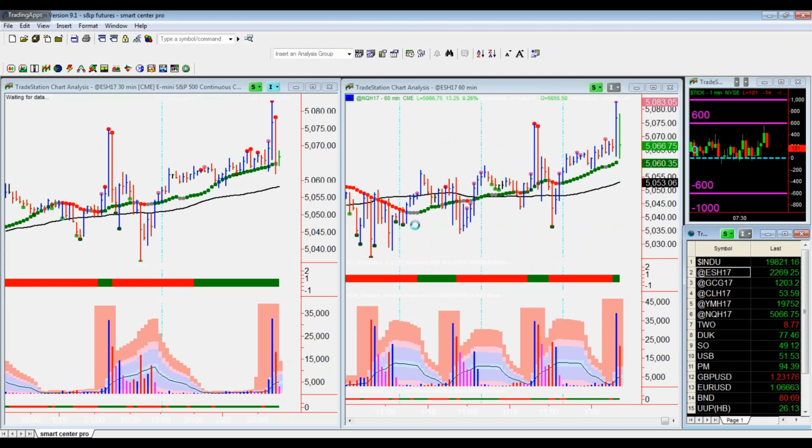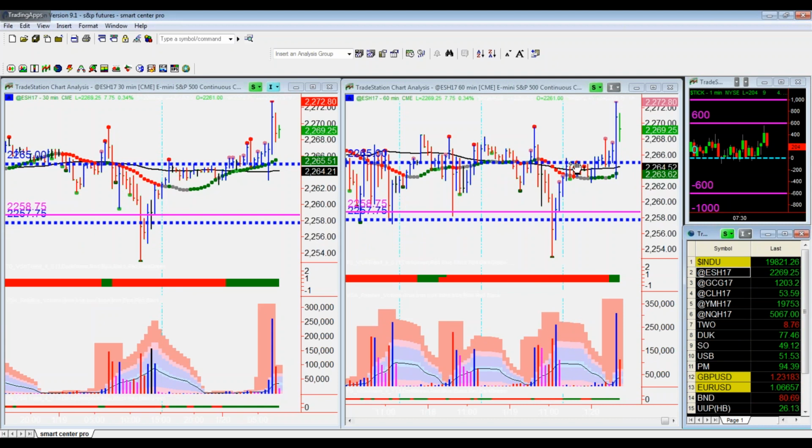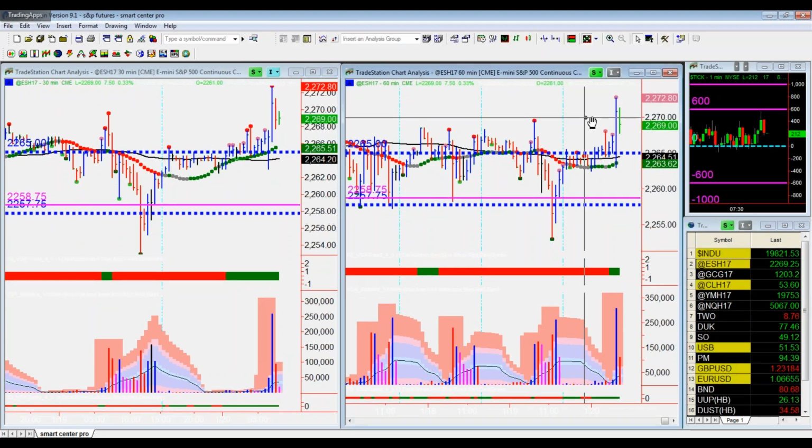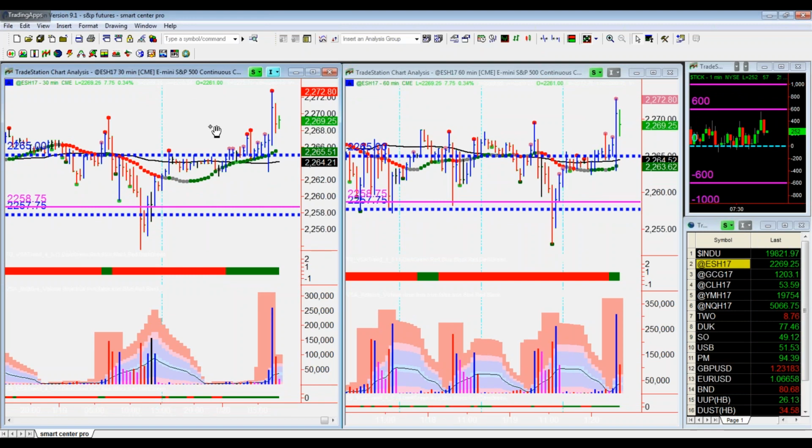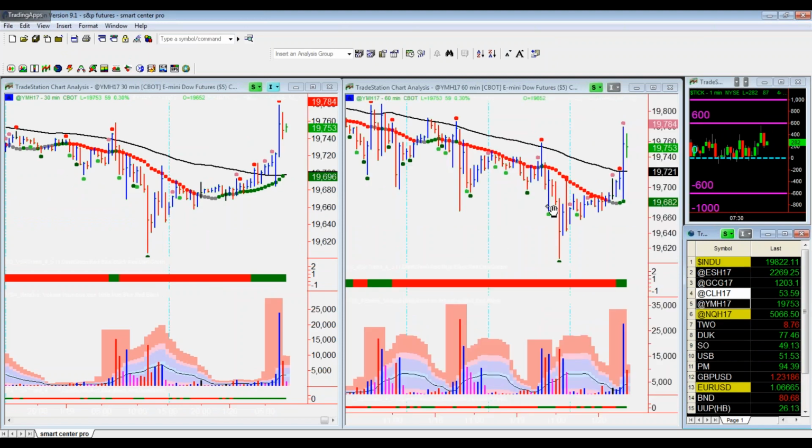Intraday-wise, the S&P's looking a little stronger. So the financials, the bank stocks should be going up faster than the tech stocks today. And the industrials are going up pretty decent today, just based off of this.